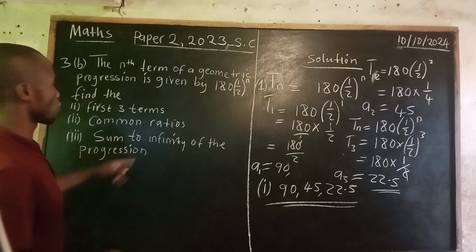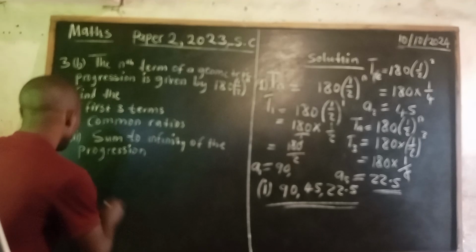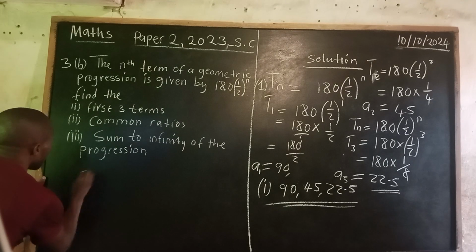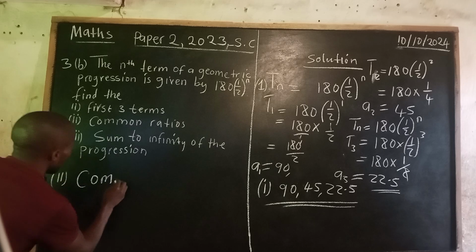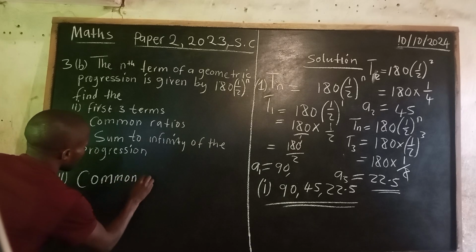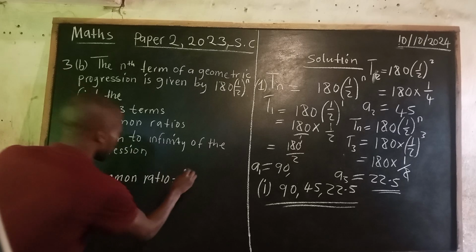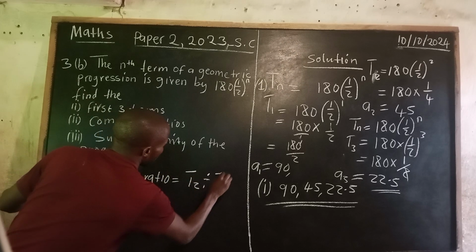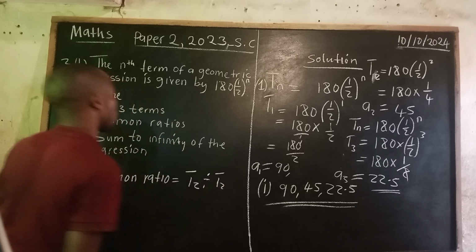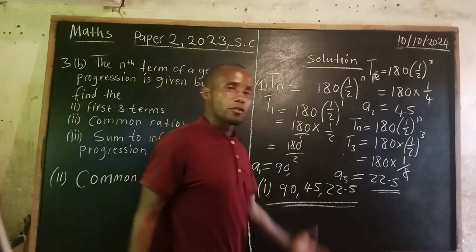Then we go to the next one, the common ratio. In a geometric progression, the common ratio is equal to the second term divided by the first term. That is how we find the common ratio. Now that we have found the terms, it is very easy.